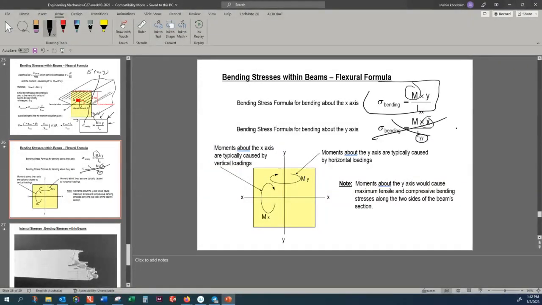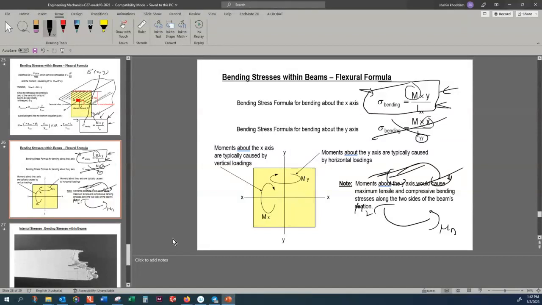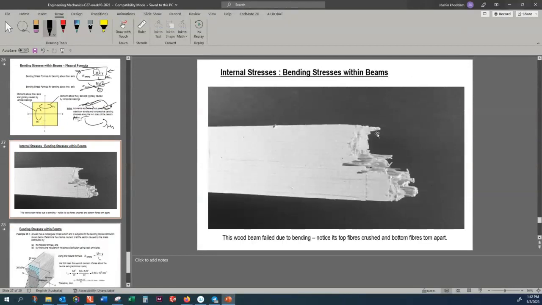You only do this type of problem in this unit for the final exam. If I bend it here, that is my Mx. If I bend it perpendicular to that, that would be My. Don't worry about that.